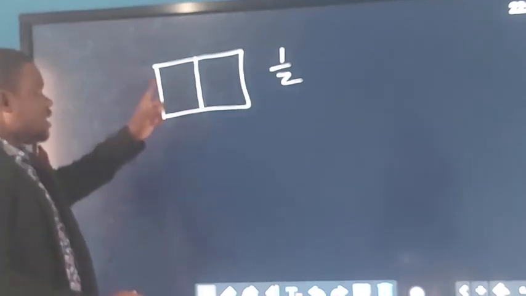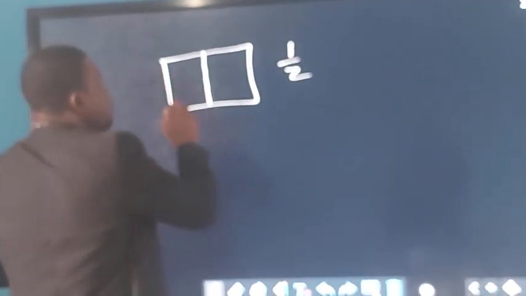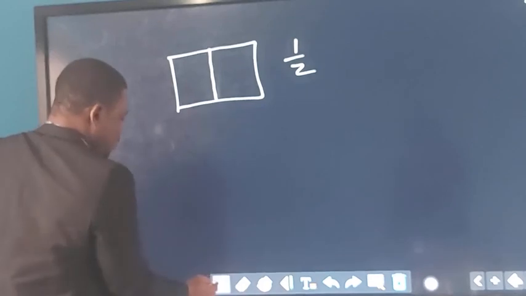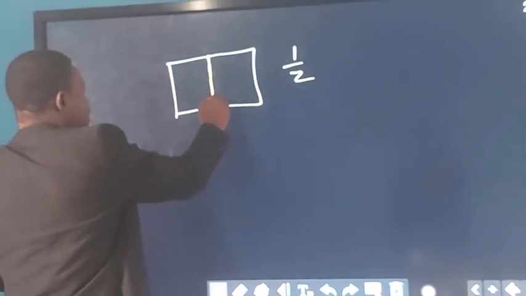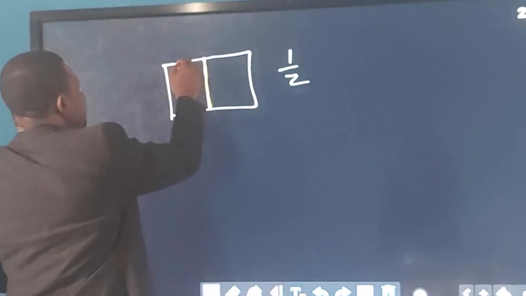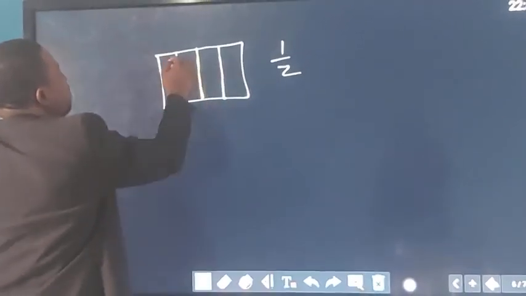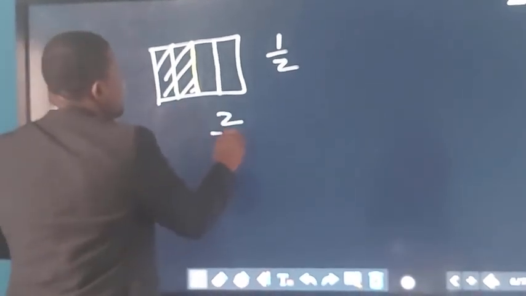This same fraction that I've divided, 1 over 2, if I decide now that I want to divide it into 4 equal parts, the same part that was 1 over 2 will now become 2 over 4.